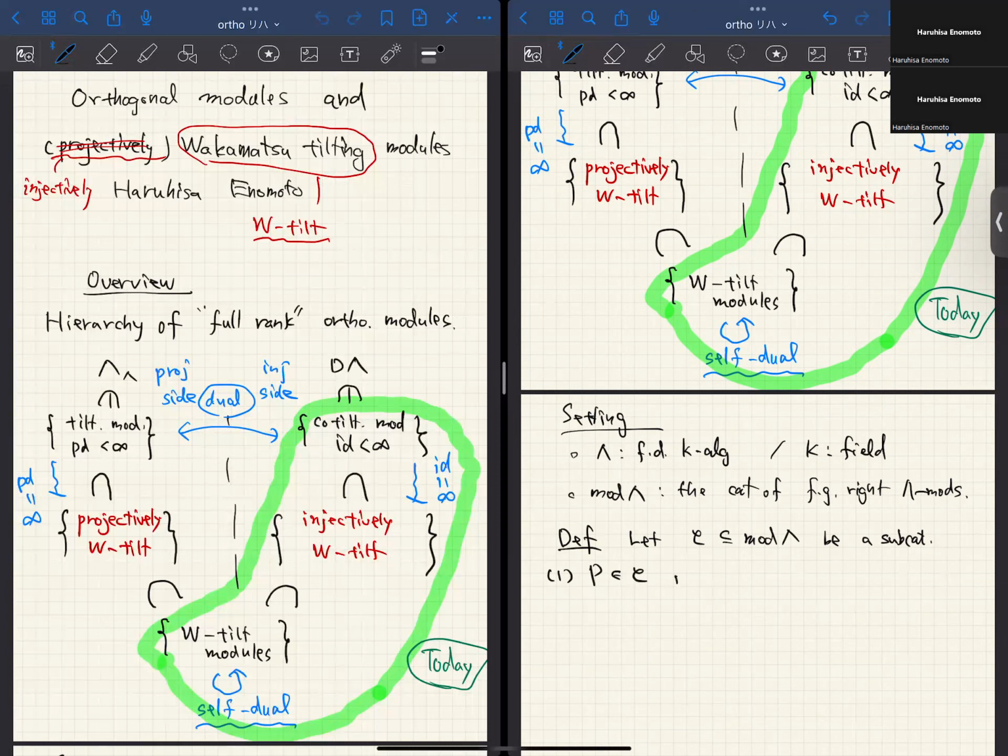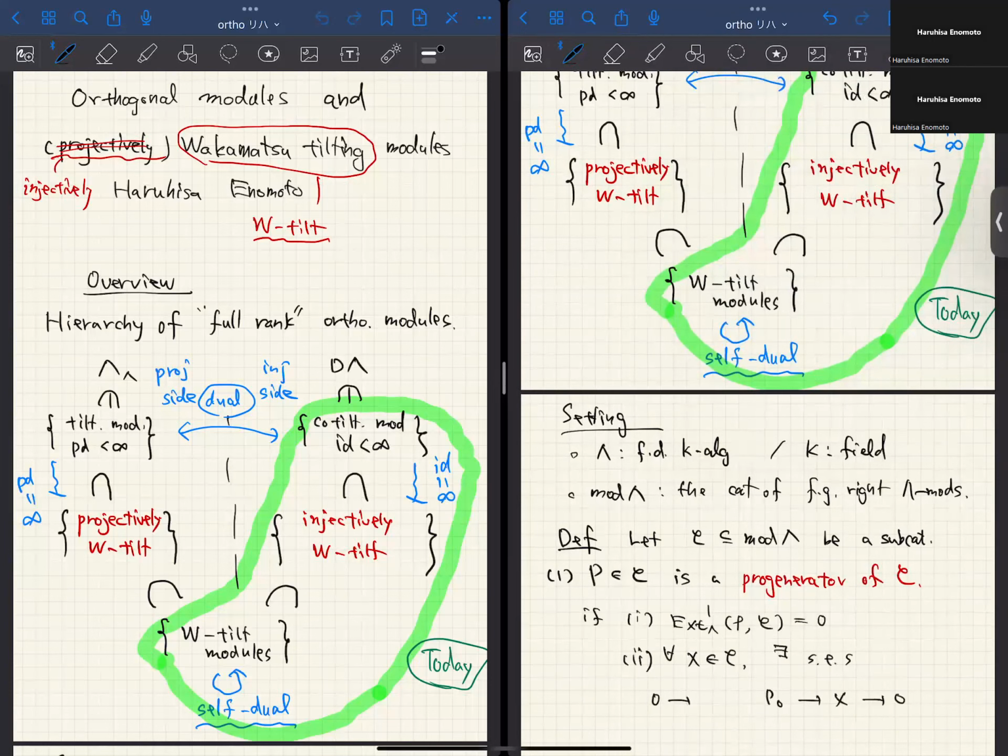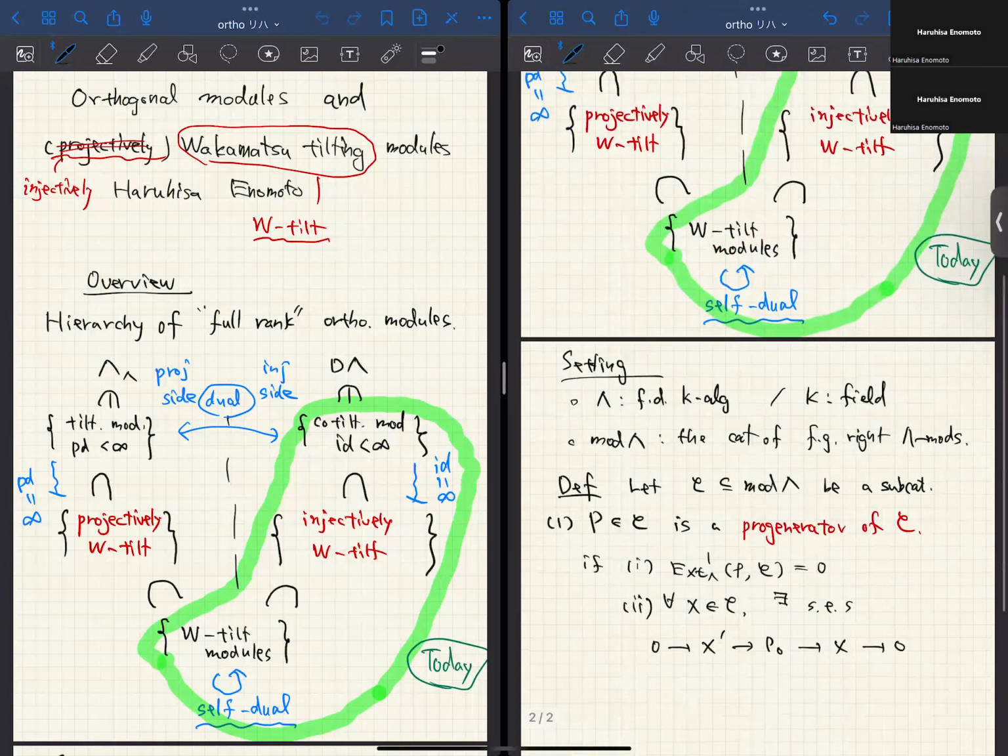An object P of C is a progenerator of C, or a progenerator relative to C, not mod lambda, if first, the extension group from P to any object in C vanishes, and second, there is enough projective situation, which means that for every object X in C, there exists a short exact sequence, a kind of projective cover, 0 to X' to P0 to X to 0.